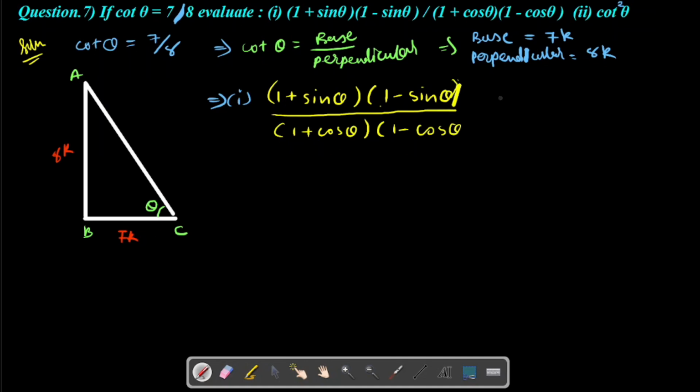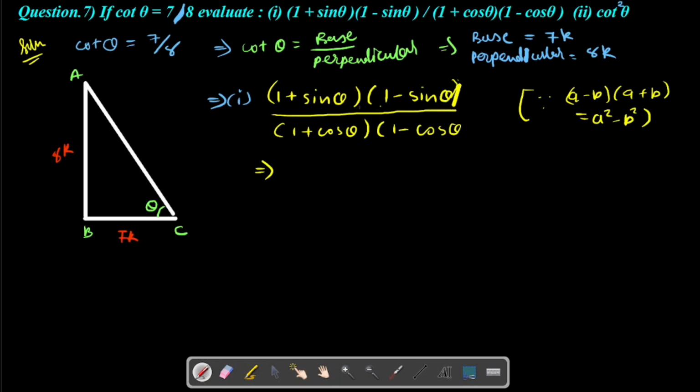This is what we have. For this, we learned a shortcut, sorry, an identity, that a minus b into a plus b becomes a square minus b square.